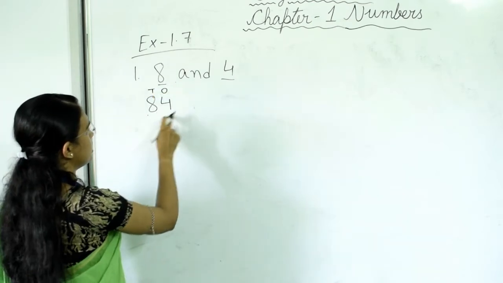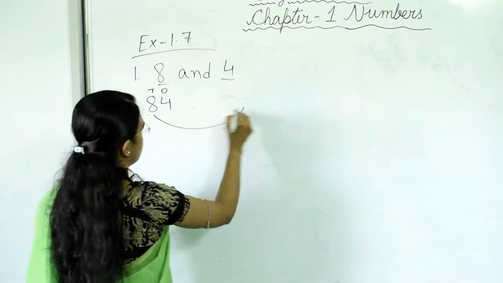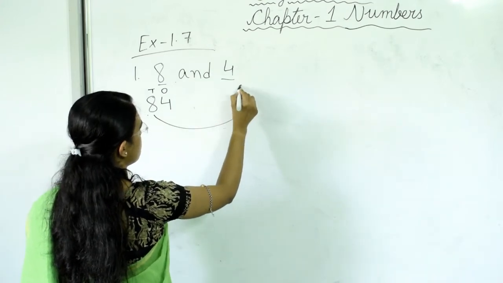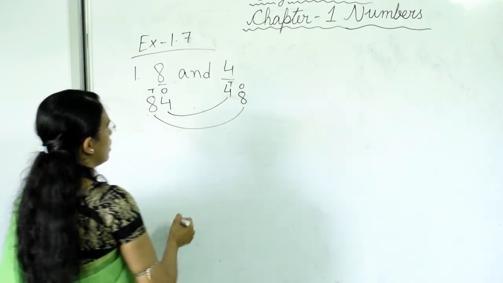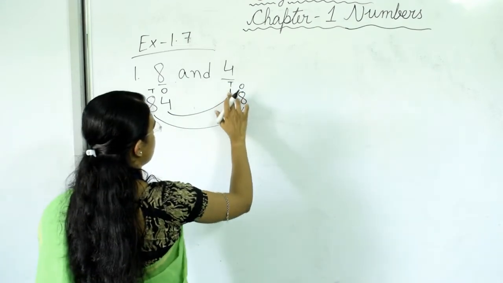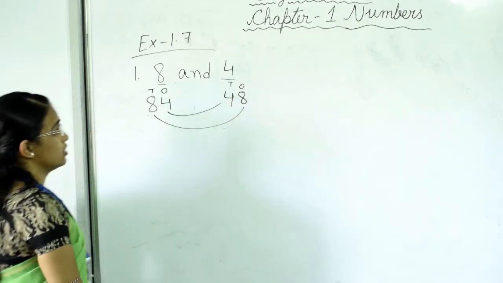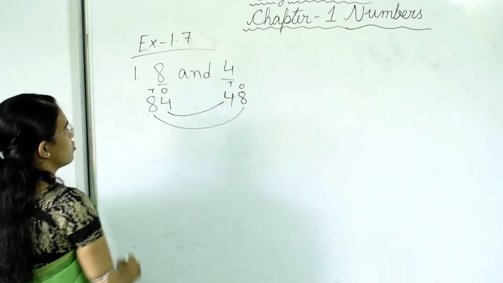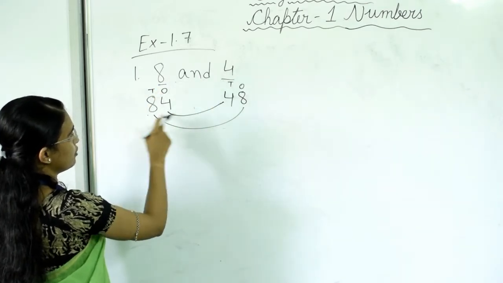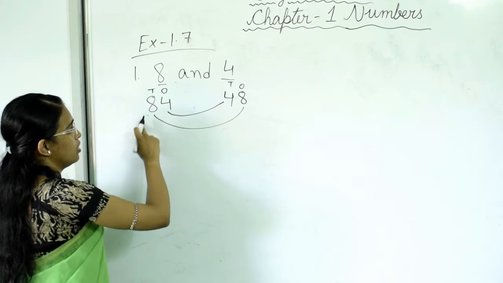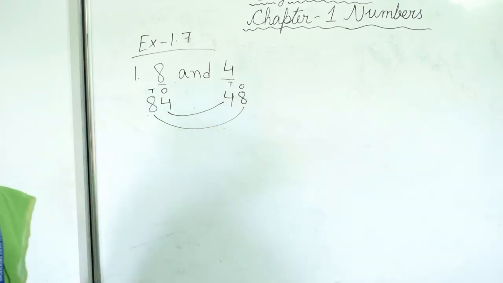And when we interchange these numbers, like 8 in ones place and 4 in tens place, then which number will we get? Yes, we get 48. So with the help of these two digits, we form two different numbers by interchanging their position.